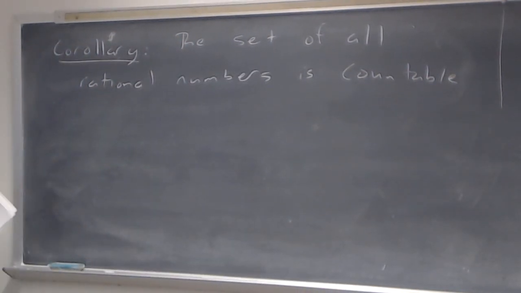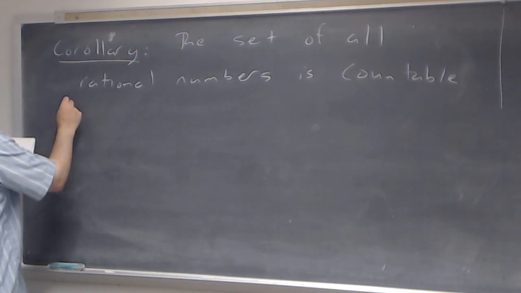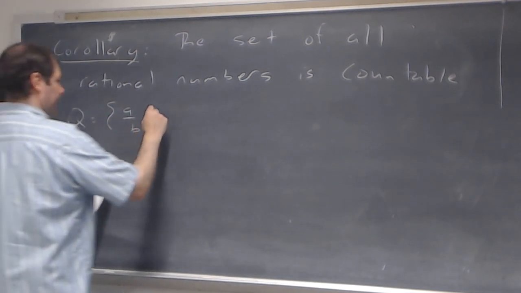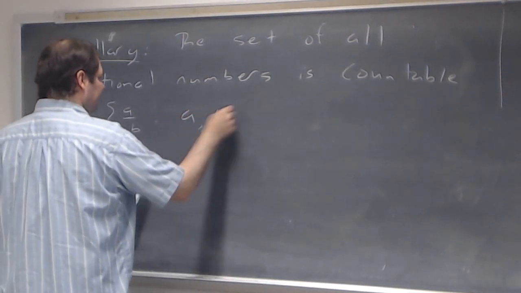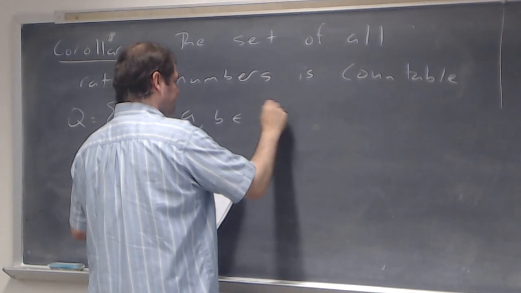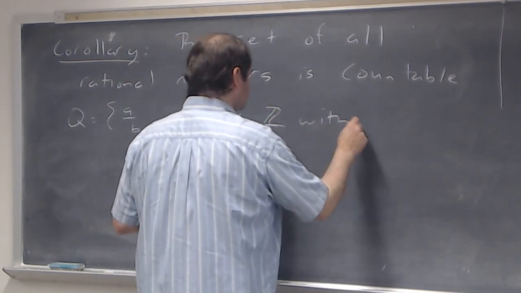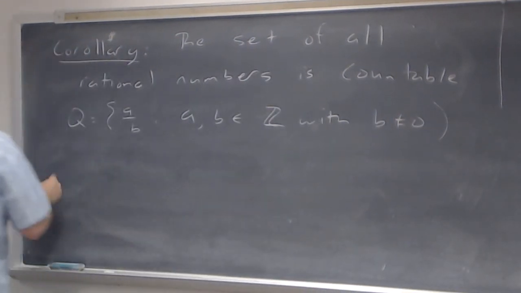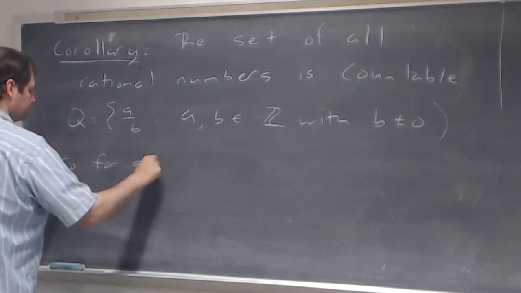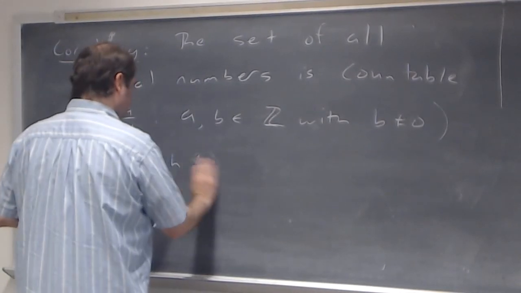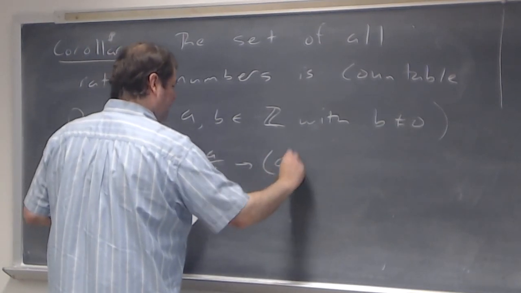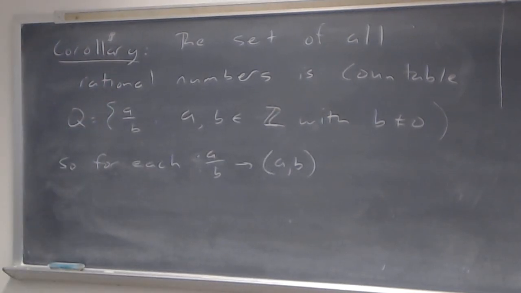I'm just going to go through the idea of the proof. Let Q equal the set of all a/b such that a, b are elements of the integers with b being different from 0. For each a over b, we can associate to that the tuple (a, b).